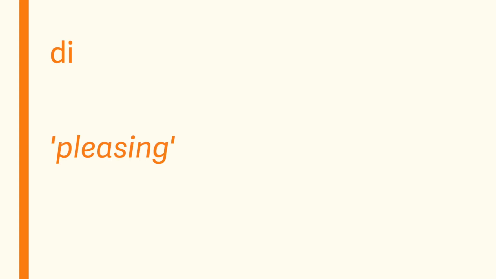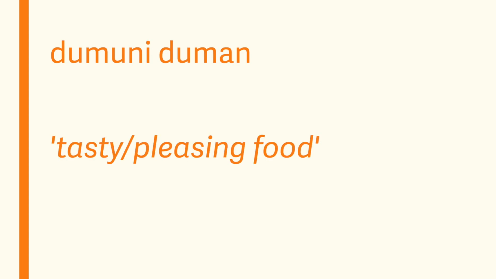Or if we take the qualitative verb di, meaning pleasant or pleasing, you would expect it to be dimang. This does happen in some varieties, but typically in spoken Bambara, you'll hear people say dumang, as in dumuni dumang, meaning tasty or pleasing food.